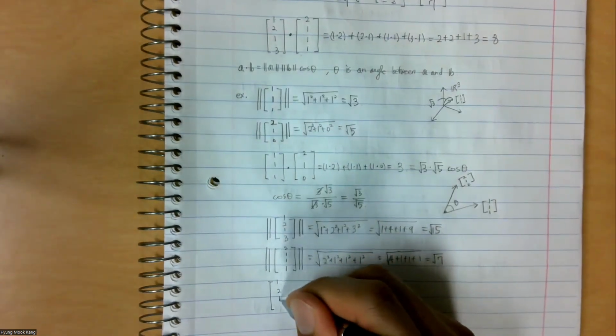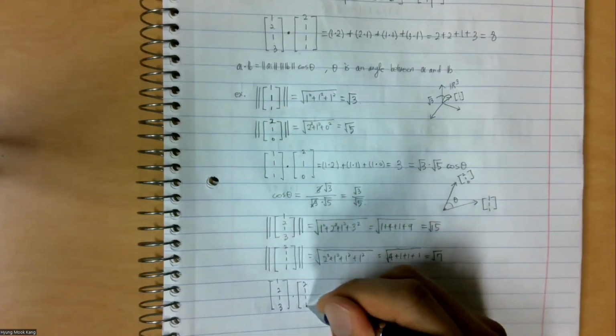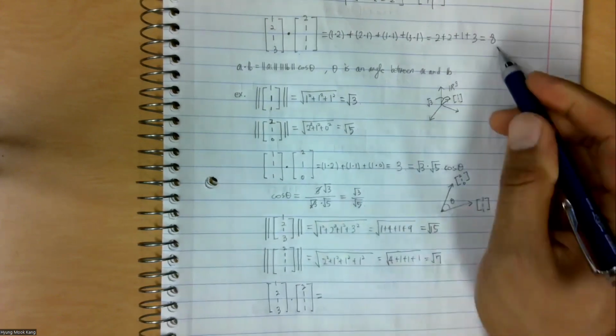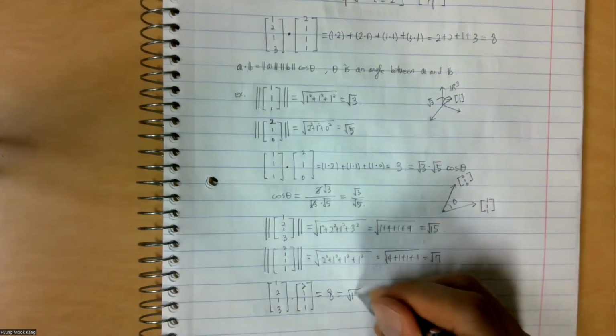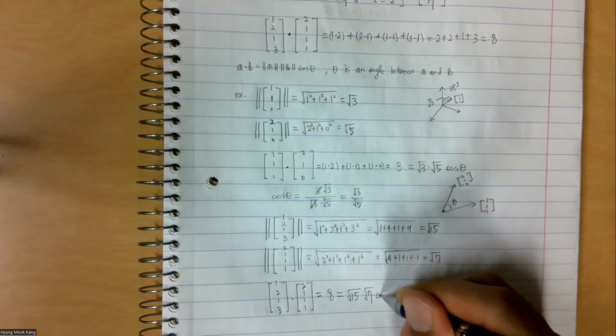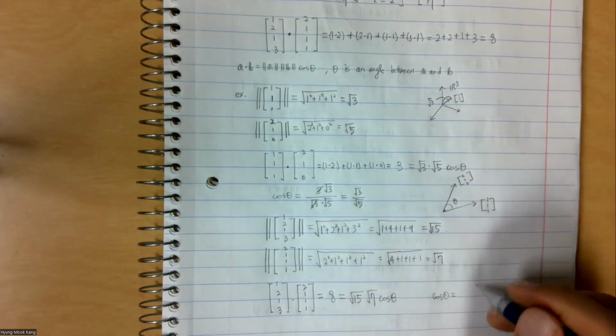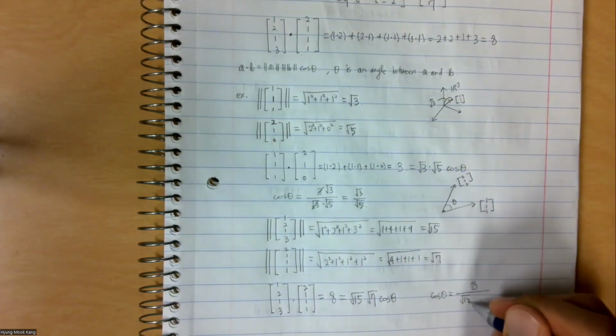So the inner product of 1, 2, 1, 3 and 2, 1, 1, 1, as we calculated, is 8. There's also a length of this, which is square root of 15, and the length of this, square root of 7. And we got this cosine theta. So our cosine theta is 8 over square root of 15 times square root of 7.